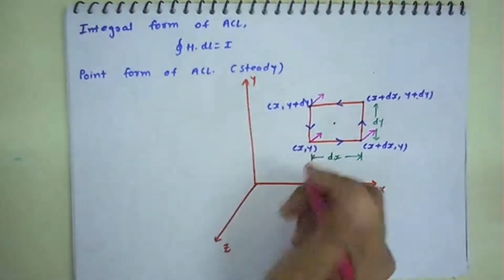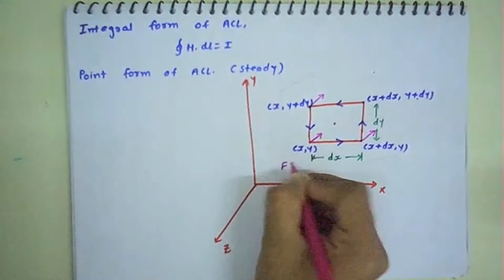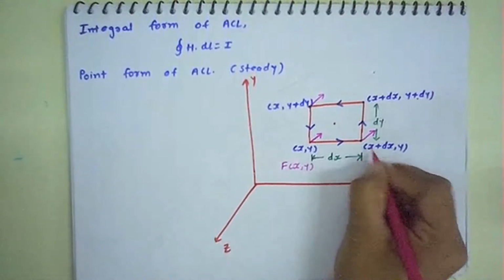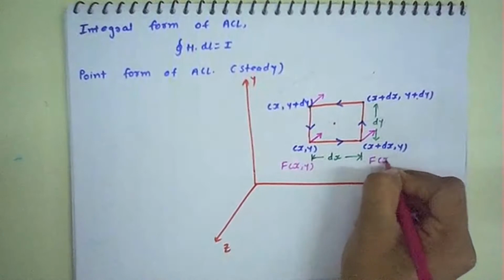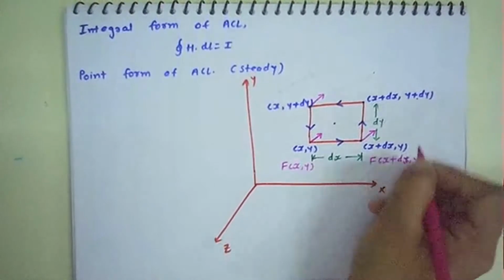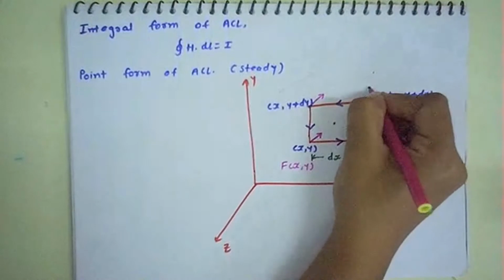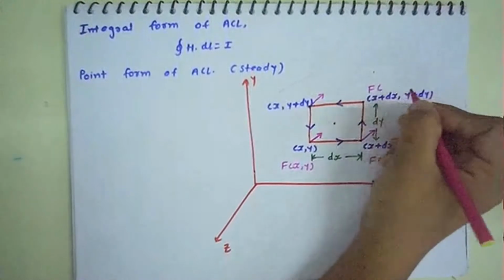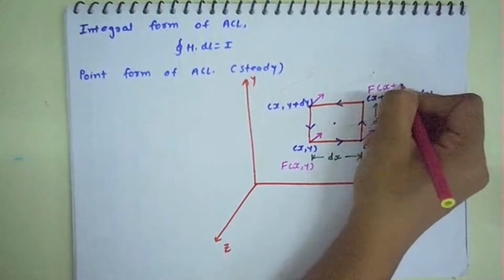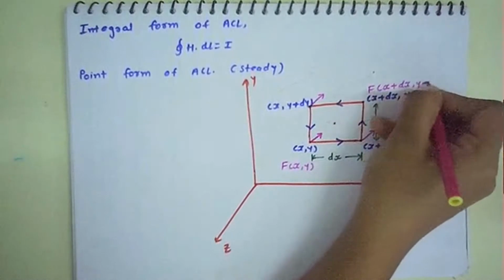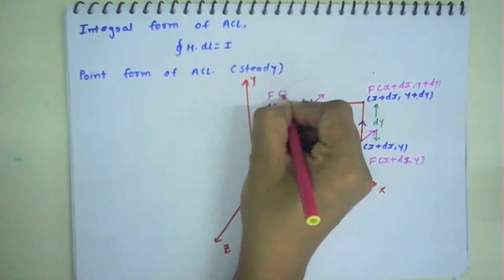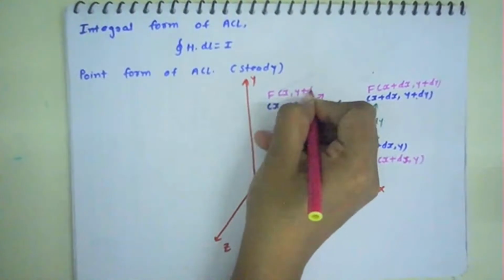So the field from this is f of x, y, from this f of x plus dx, y, and from this f of x, y plus dy.